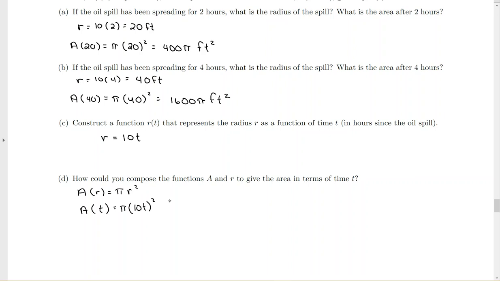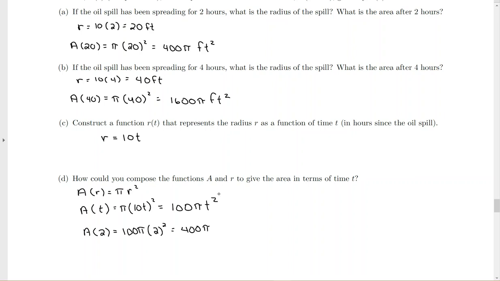Square the 10, square the t, and I end up with 100 pi t squared. So now if I want to know the area at, for example, time equals 2 hours, I would plug in the t as 2, and I'd get 100 pi times 2 squared, which is 400 pi.